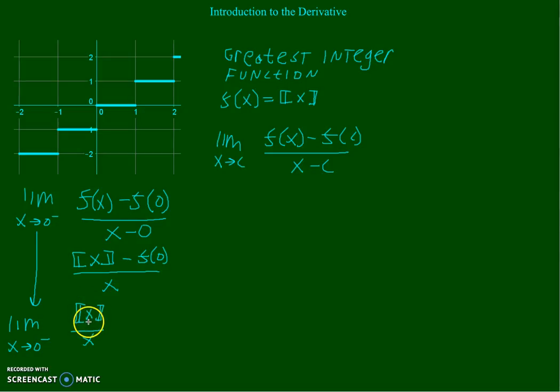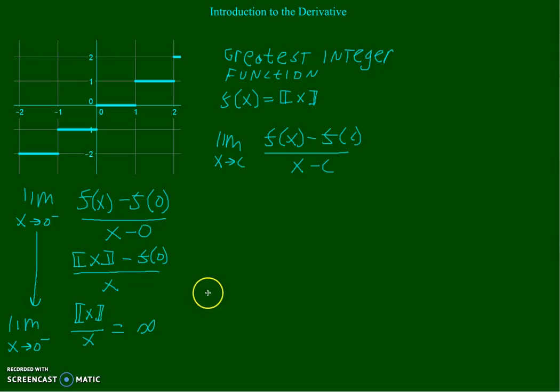This value is going to be -1 as we get closer and closer. So negative over a negative is a positive number, but this number is getting closer and closer to 0, so this fraction is getting bigger and bigger, going to positive infinity. So we can see that the limit from the left is infinite, which means this limit doesn't exist.